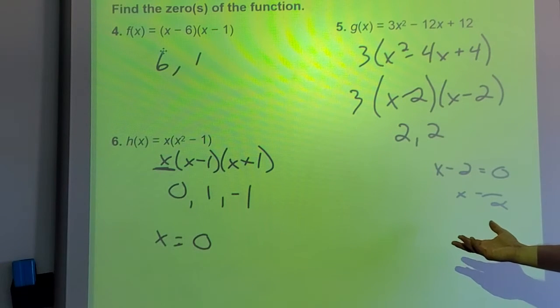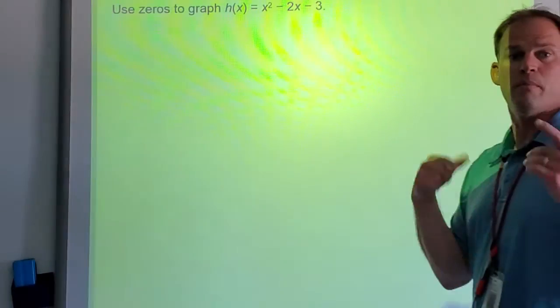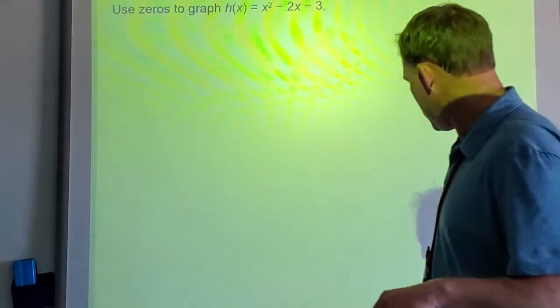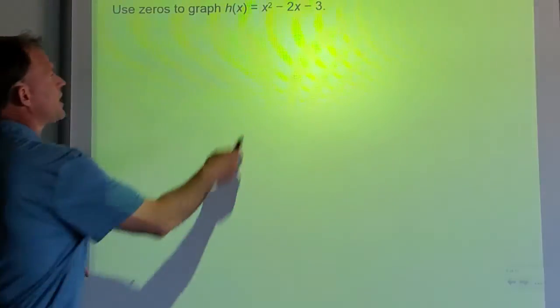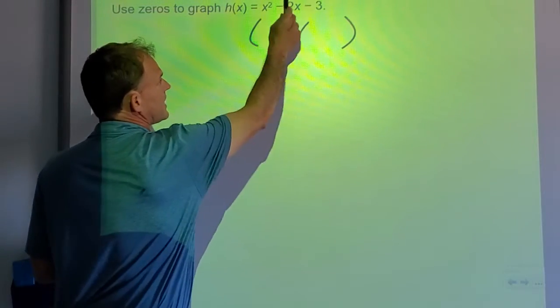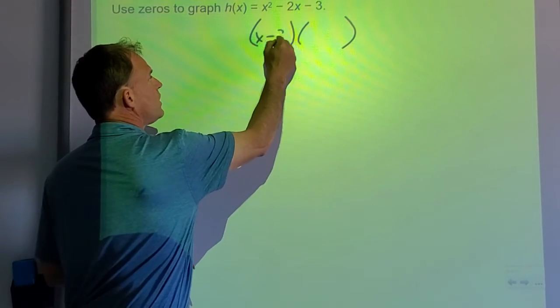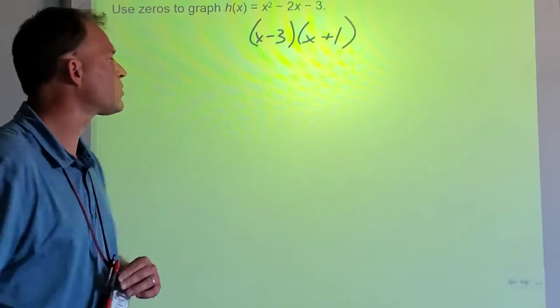So, questions on this? All right, so now you use the zeros to make the graph. It's the same thing that we've been doing. Zeros and x-intercepts means the same thing. So I got to factor this. Fast factoring multiplies to -3 and adds to -2 is -3 and +1. Okay?